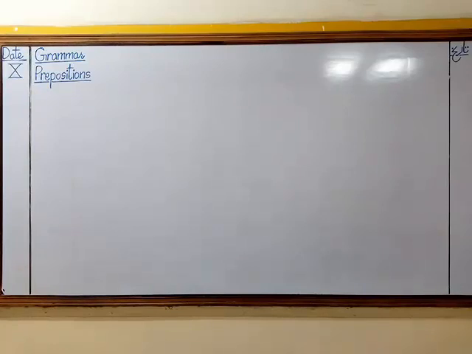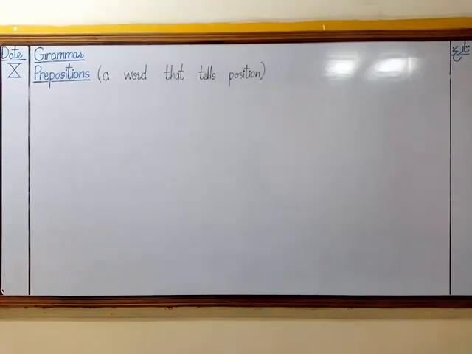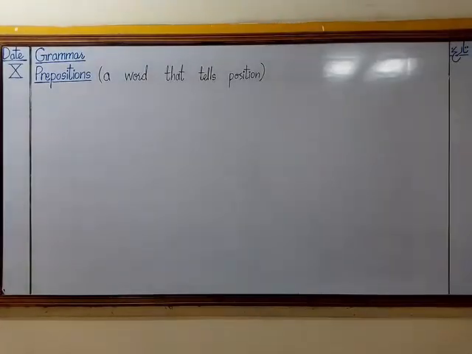Initially, we define the word preposition in such words written on the board: a word that tells position. But this is a very initial definition which we told you when you were in class 6 or prep 6.